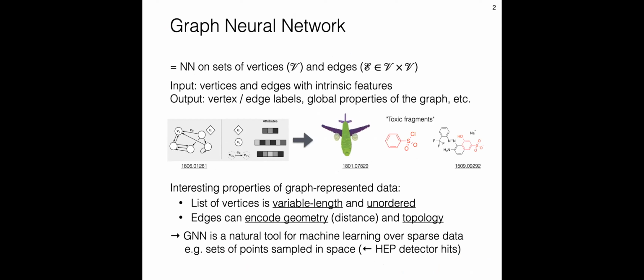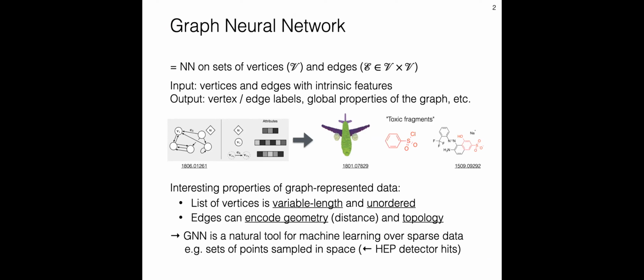So first, just to be on the absolutely same page, let me give a quick introduction to graph neural networks. Obviously, most or all of you are very familiar with this already, but a graph neural network is a neural network on sets of vertices and edges that connect these vertices.